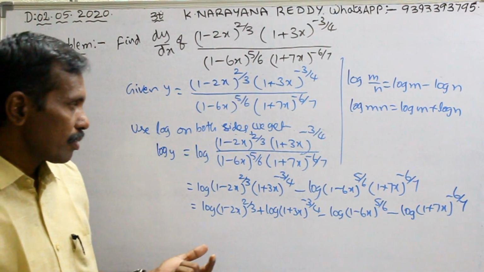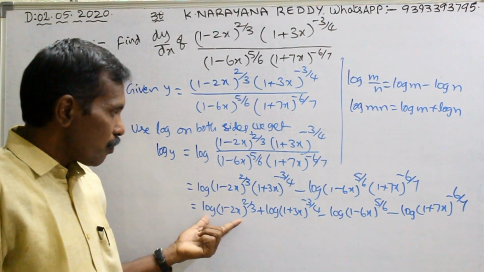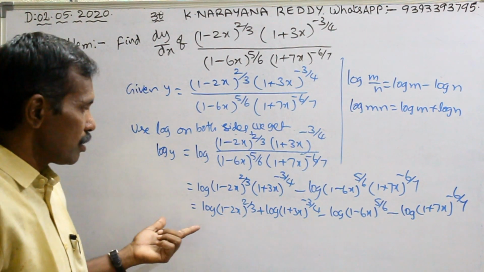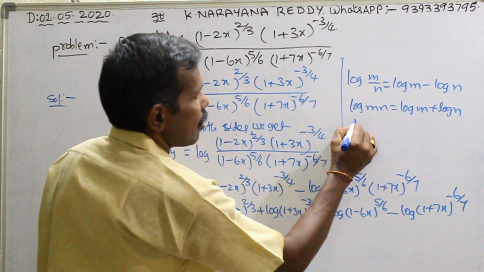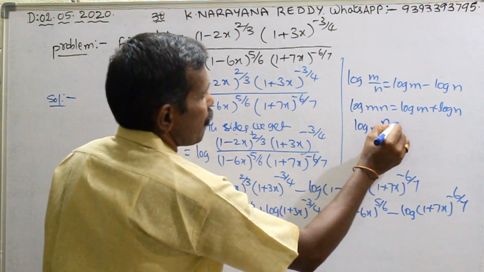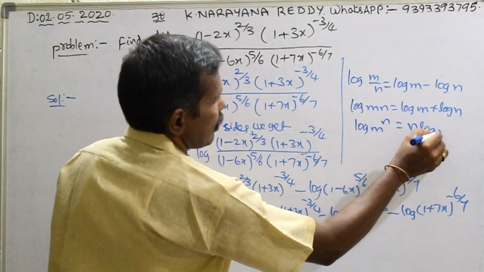Now this is in the form of log m to the power of n. Yes, log m to the power of n. What is the formula? n log m.